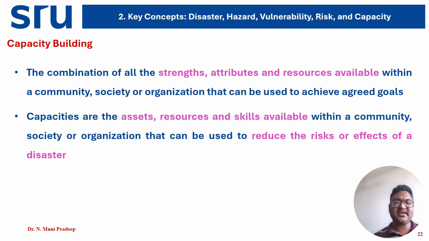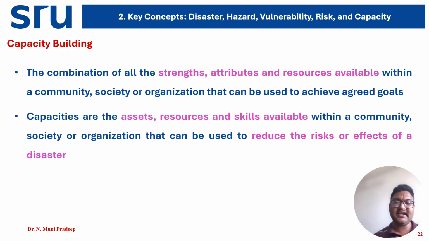When we train community members in first aid, when we conduct evacuation drills, when we build cyclone shelters, when we enact and enforce building codes, we are building capacity, right? In many cities, people still don't know the building laws, and if a flood suddenly happens, many people don't even know swimming.